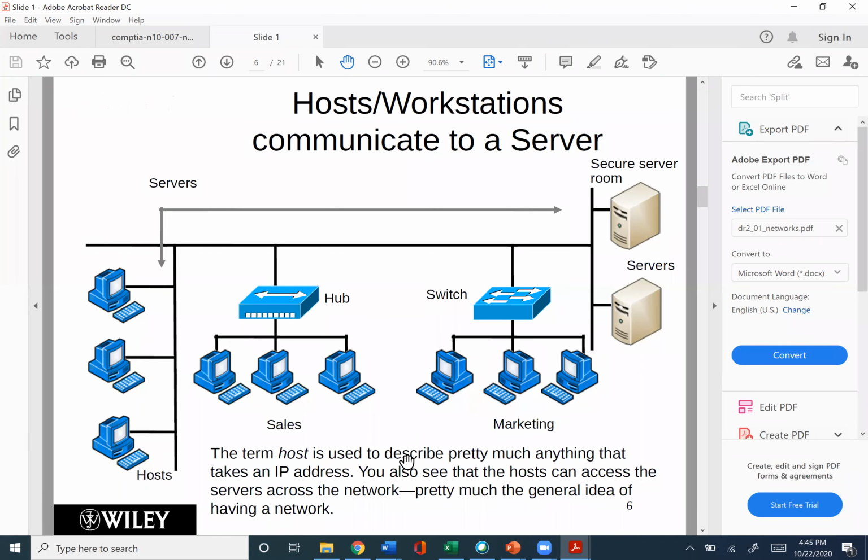Anything you can access is a host. A server is a host. A computer is a host, because it takes an IP address. A router is a host too. You need to be familiar with these terminologies, so when you hear the word host, that's what it means.